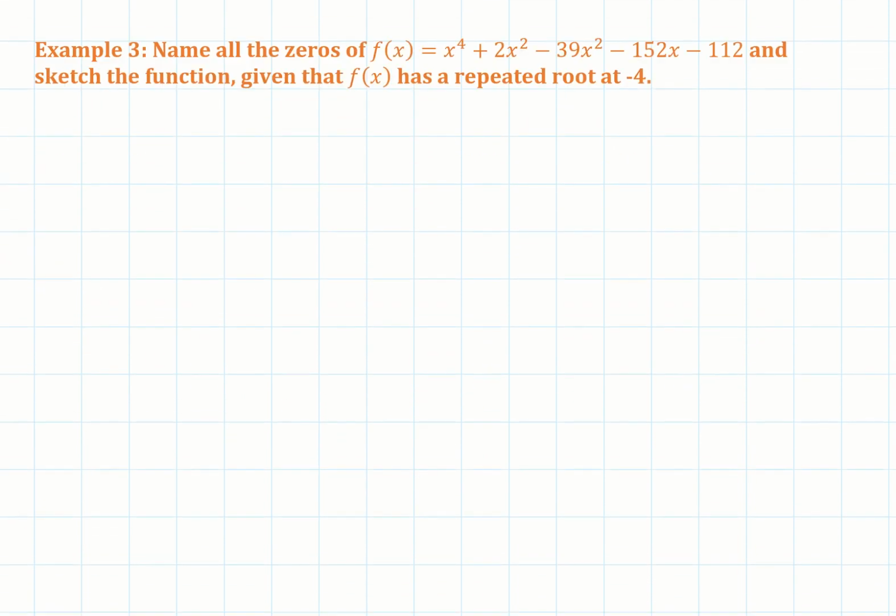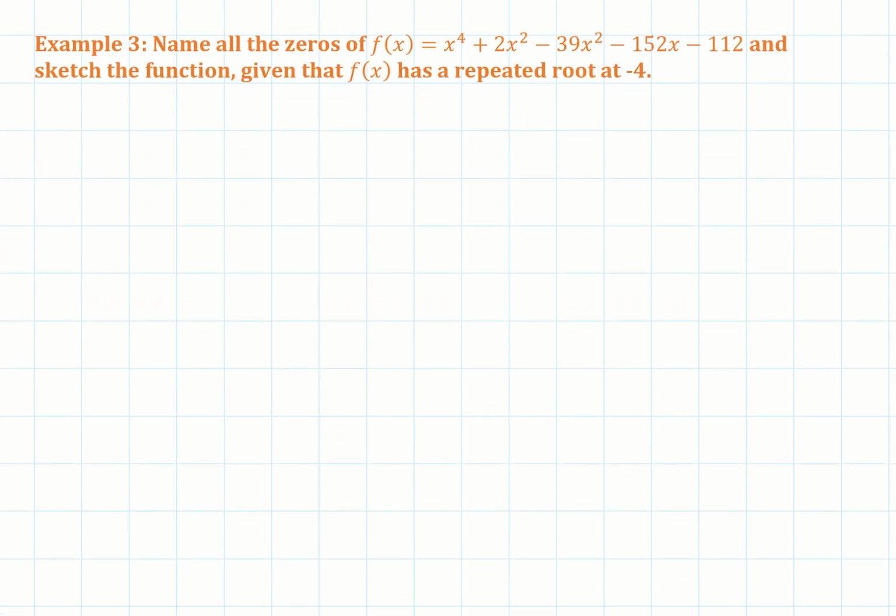One more example today. Name all the zeros of this function and sketch the function given that f of x has a repeated root at negative 4. A repeated root at negative 4, there's my first clue. So I'm going to use synthetic division twice, maybe even more times, with negative 4.